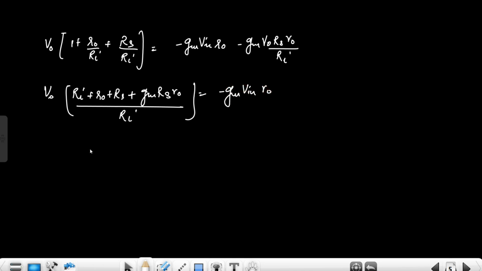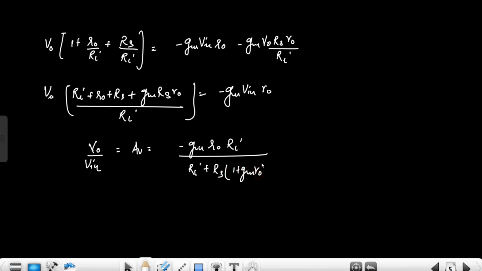So now this V naught upon VI, the small signal gain, will be given as minus GM R naught into RL upon this RL dash plus RS and 1 plus GM R naught plus R naught, right?